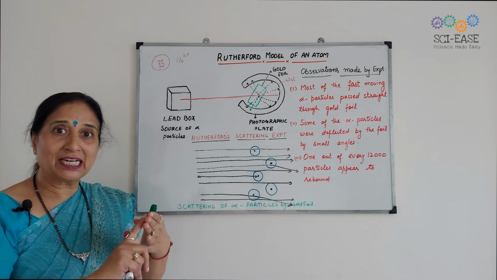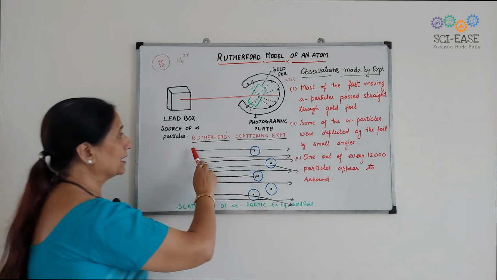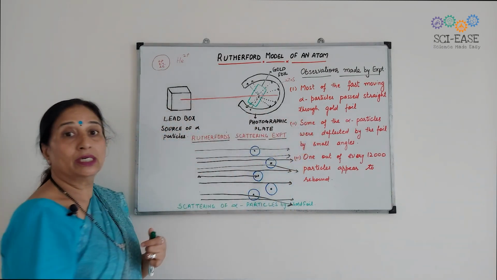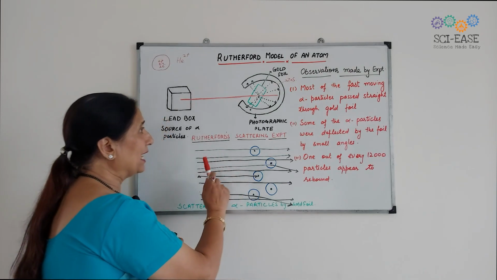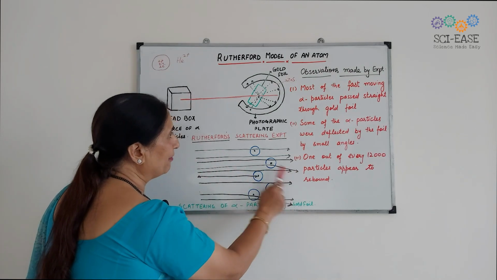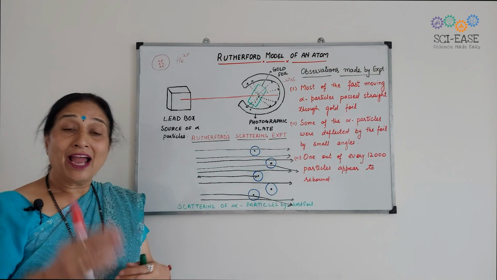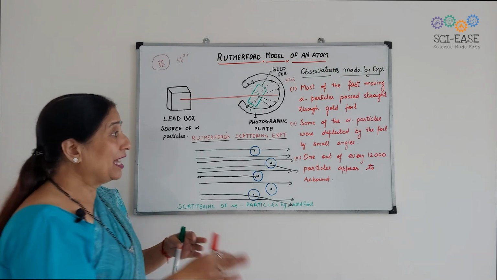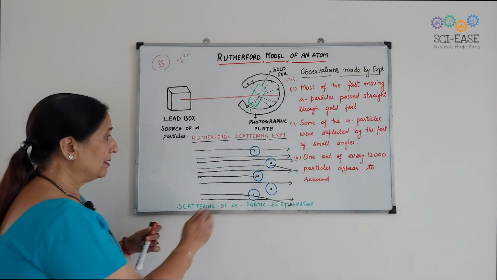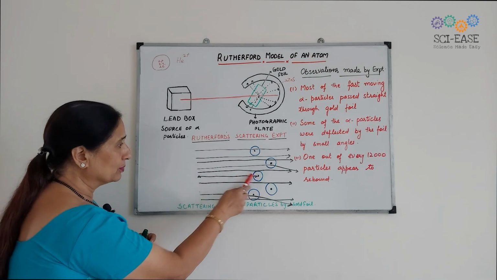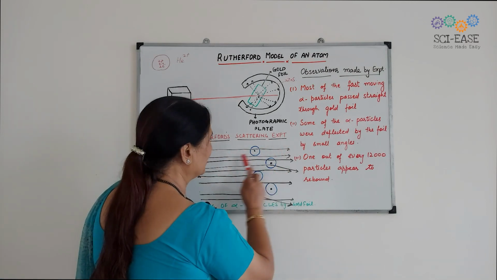Okay? Firstly, he observed that most of the fast moving alpha particles pass straight through the gold foil. Second, some of the alpha particles were deflected by the foil by small angles. And third, that out of every 12,000 particles, one appears to rebound, they came back.